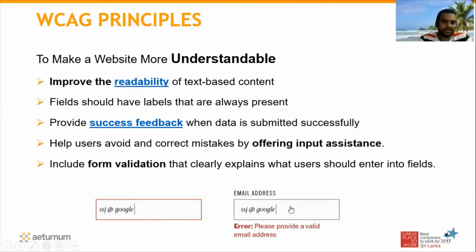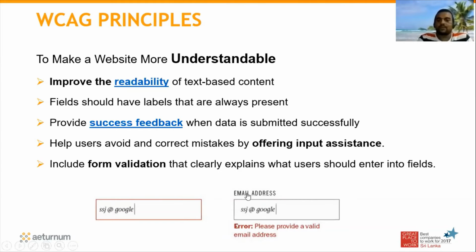If you take a look at the last image, there are two text fields to enter the email address, but in the first field there is no label called email address, right? So the user might get confused about what to insert into that text field. So no proper form label.